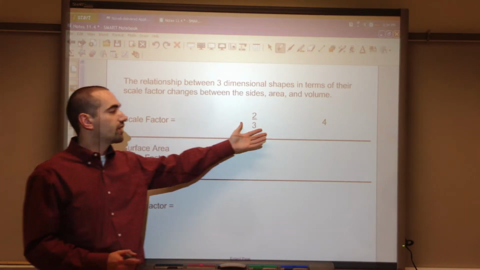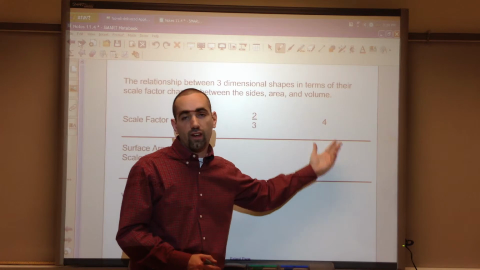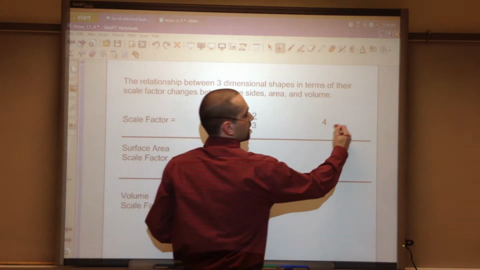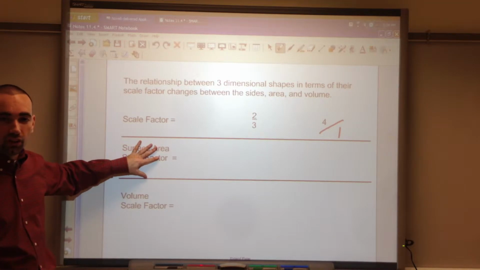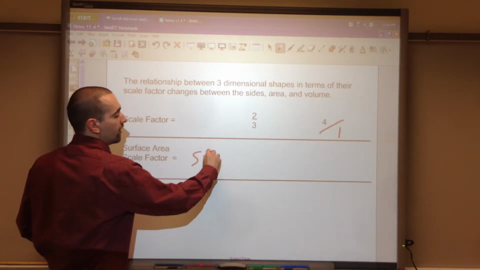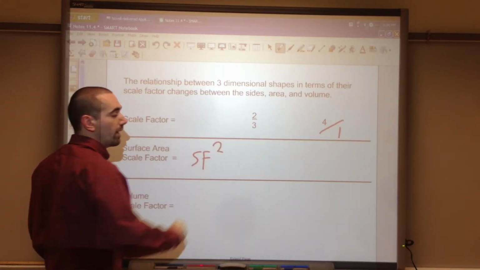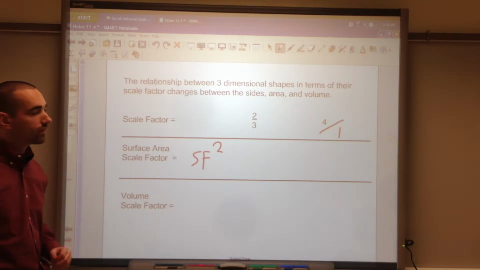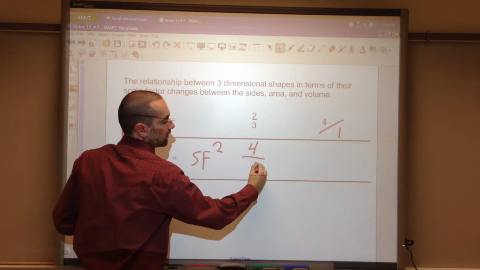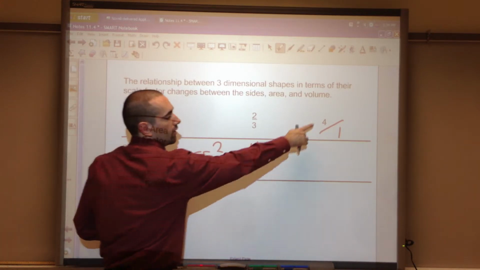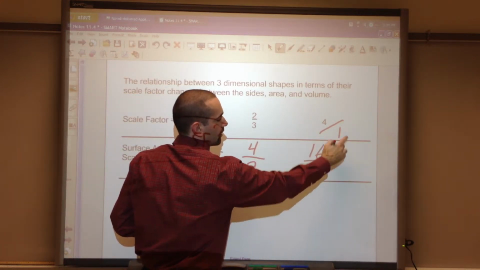So here's 2 examples. Scale factor is 2/3, scale factor is 4, or you can think of that as 4 over 1. The scale factor of the surface area is the scale factor of the sides squared. So 2 squared, 3 squared, 4 squared, 1 squared.